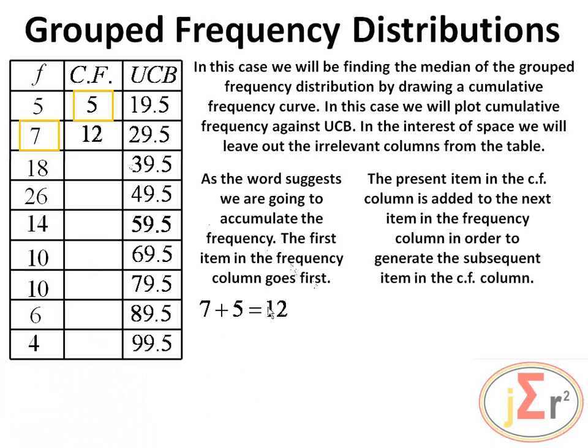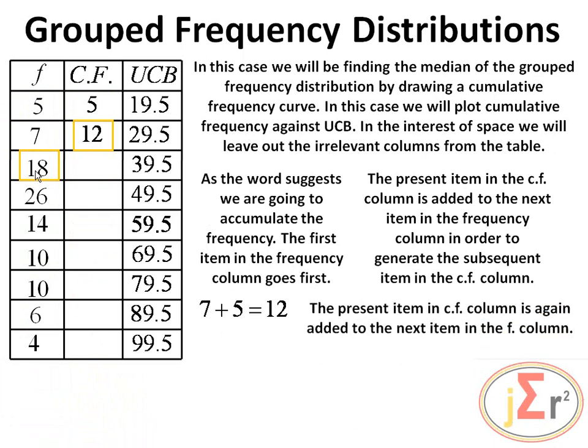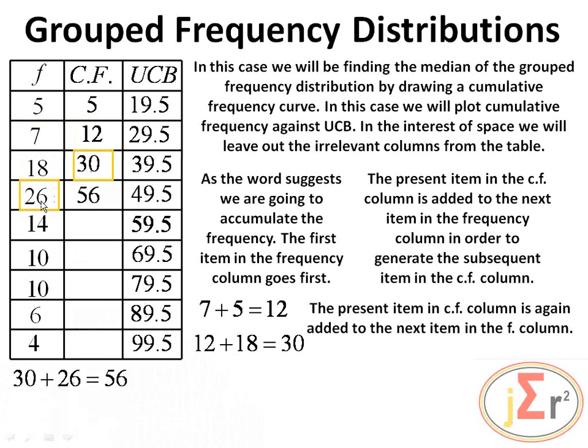Then what do we do? We go to the present value in the cumulative frequency column and we add another frequency value to it. So 18 plus 12, and that is going to be equal to 30. 30 goes there. Then we go to 26 and we add that result to 30. Then we go to 14 and we add that result to 56.